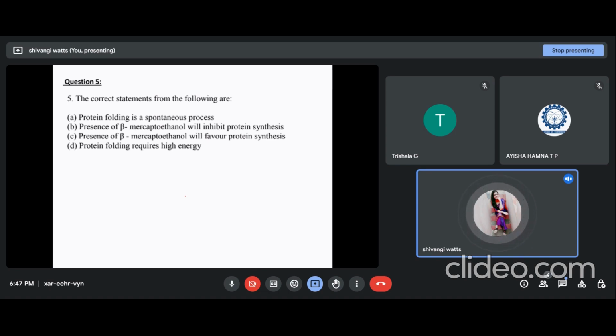And option D is protein folding requires high energy. In one option they tell it is a spontaneous process, in the other they mention it requires high energy. Same for beta mercaptoethanol: one says inhibiting protein synthesis and option C says it will favor protein synthesis. So what are you expecting? Which options are the right options?